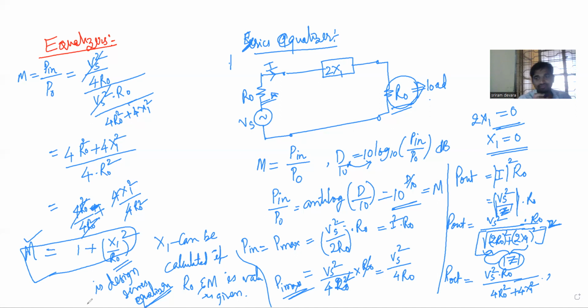So here, first we assumed M. Maximum power is delivered to the load only when load power is equal to the source power. So therefore, X1 should be 0. That is equal to P in. If X1 is placed, then what is the output power? Again, the same current I through this load.